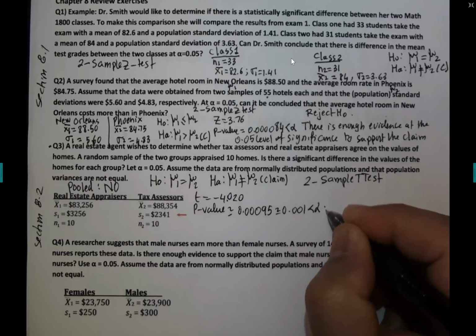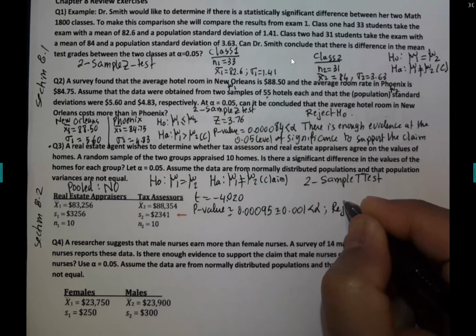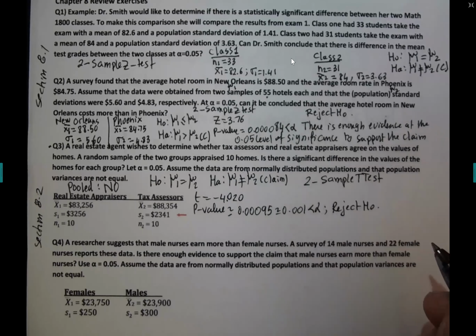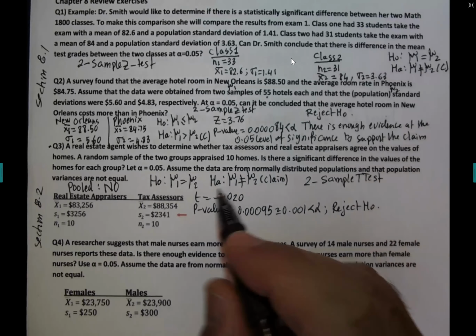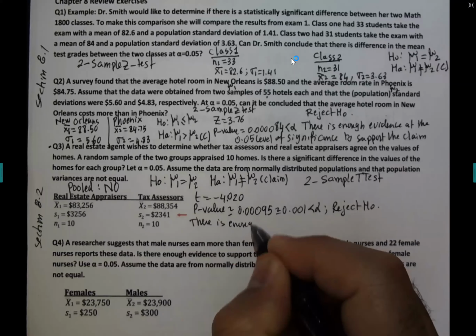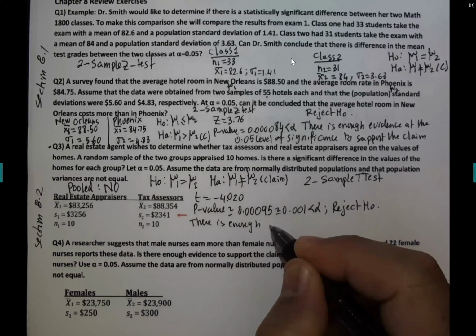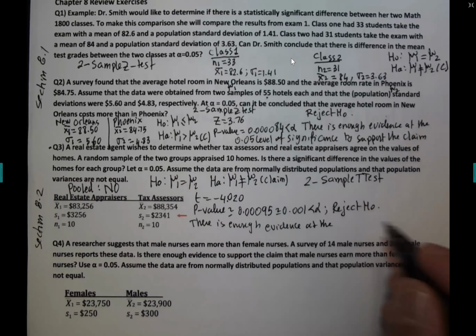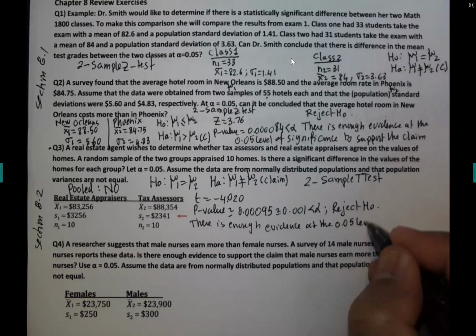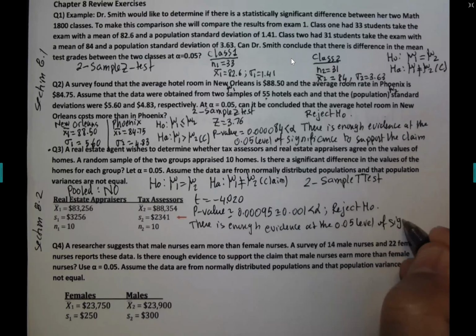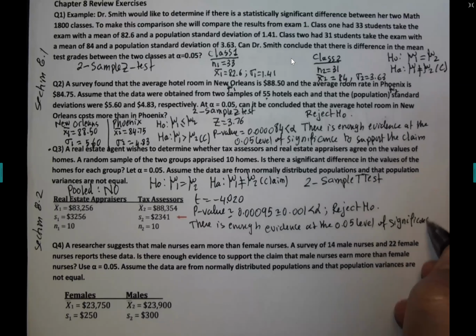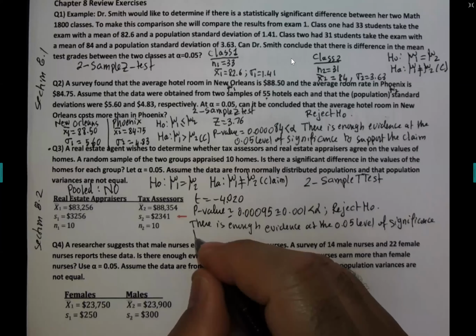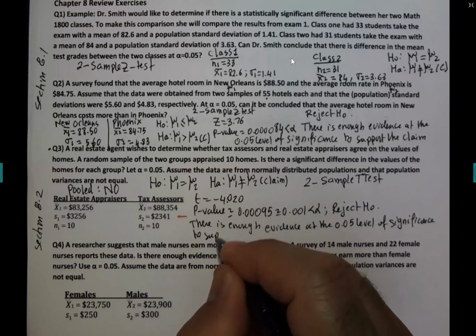So we reject H0. And if we reject H0 and the claim happened to be in HA, we support the claim. So we write there is enough evidence at the 0.05 level of significance to support the real estate agent claim.